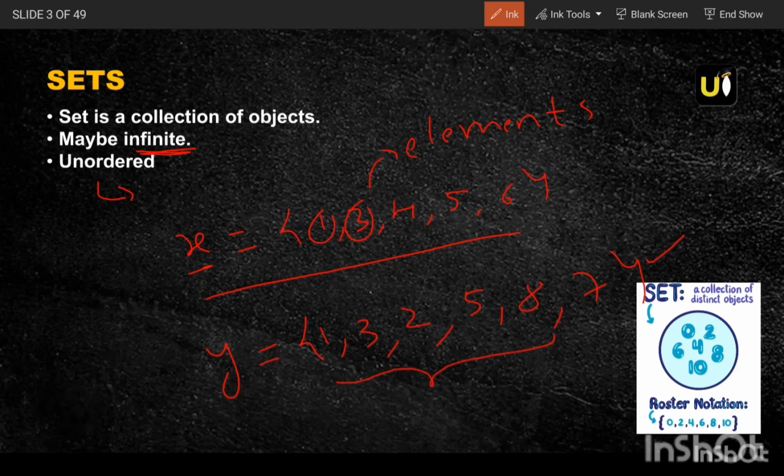So a set is a collection of objects with no restriction on the number of elements. There can be an infinite number of elements, for example, the set of all natural numbers and the set of all whole numbers. Even these are considered sets with infinite elements.